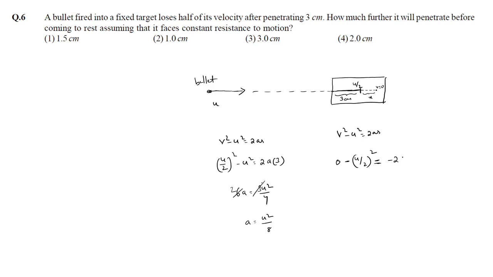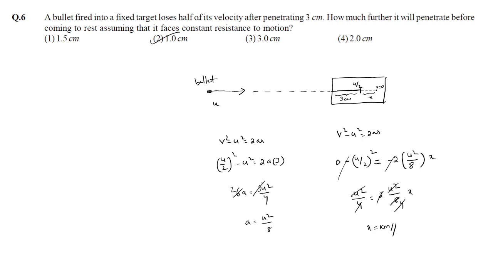So that is minus 2 into u square by 8 into the distance it is going to cover, x. The negative sign will get cancelled on both sides. So u square by 4 is equal to 2 into u square by 8 into x. Once you observe, u square will get cancelled, 4 times, and even 4 also gets cancelled. So how much distance is it going to cover? 1 centimeter.